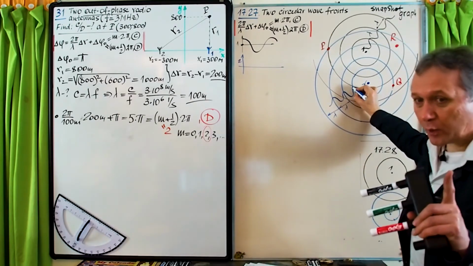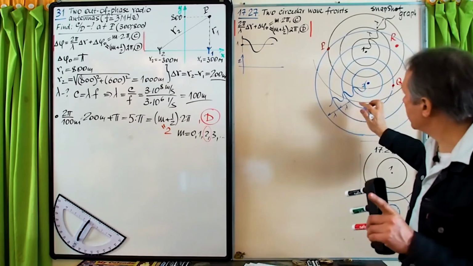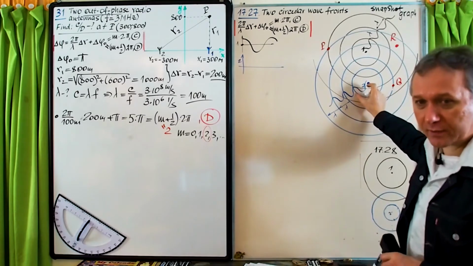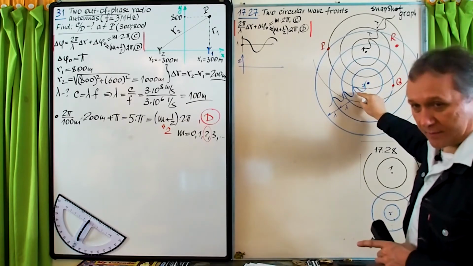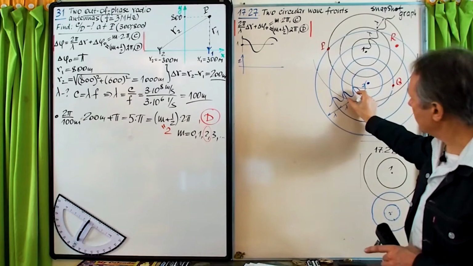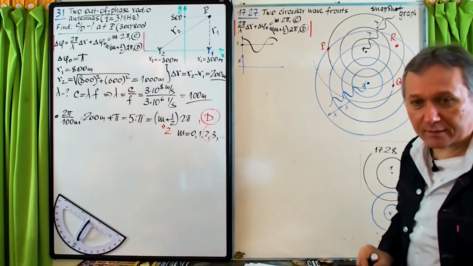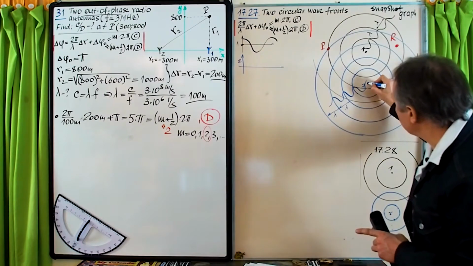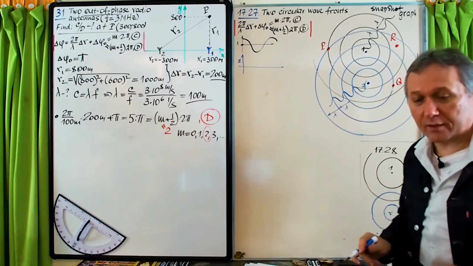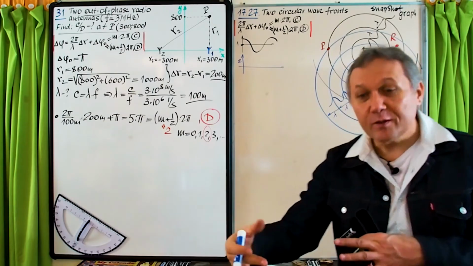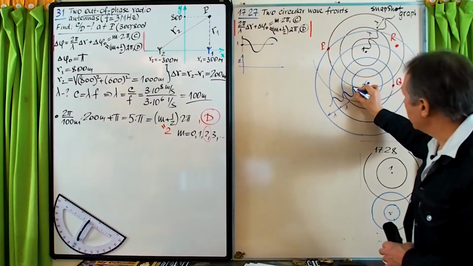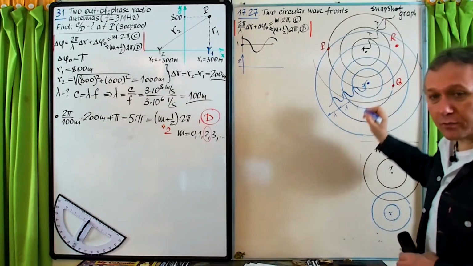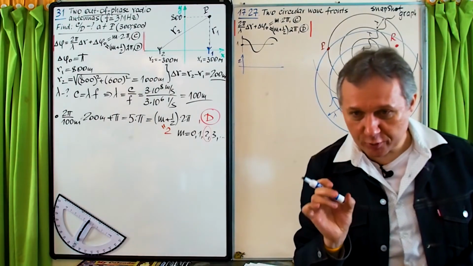And now again, according to the picture, if you look at the picture carefully, the distance from the second source to the nearest crest, this distance, and these distances are the same. It means that over here, from the source to the nearest crest, is also a wavelength. So if we have a crest here, then we should be able to reach a trough, and then again a crest at source 2.